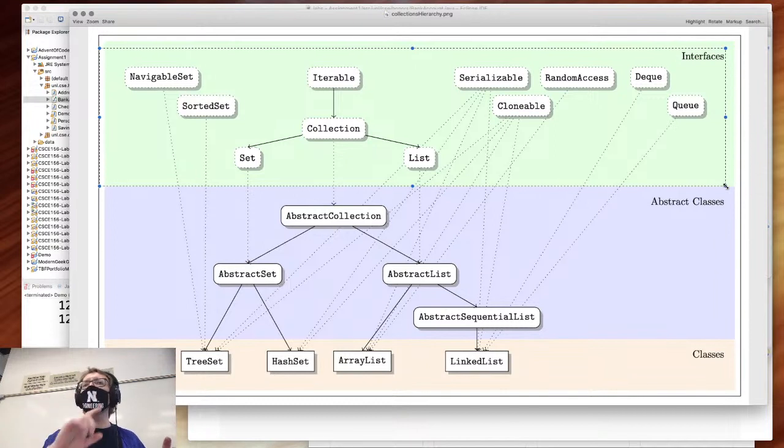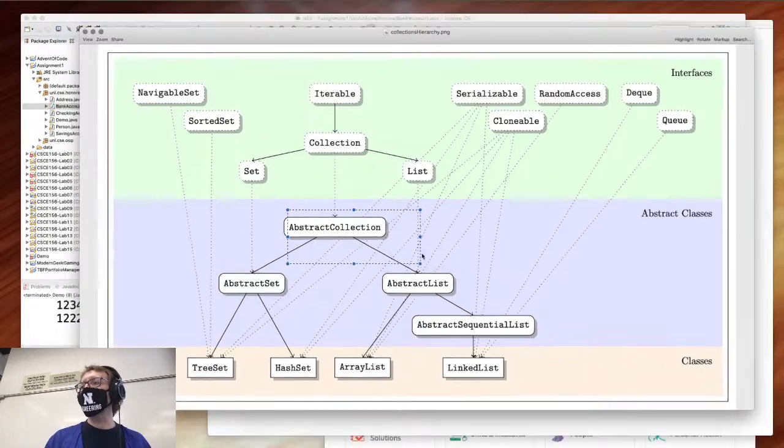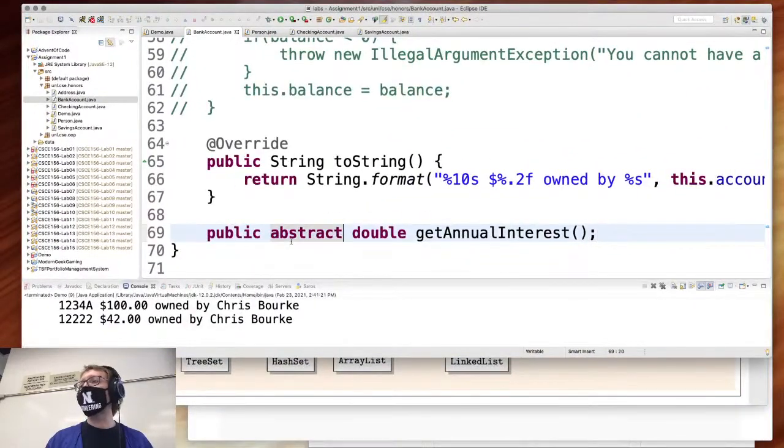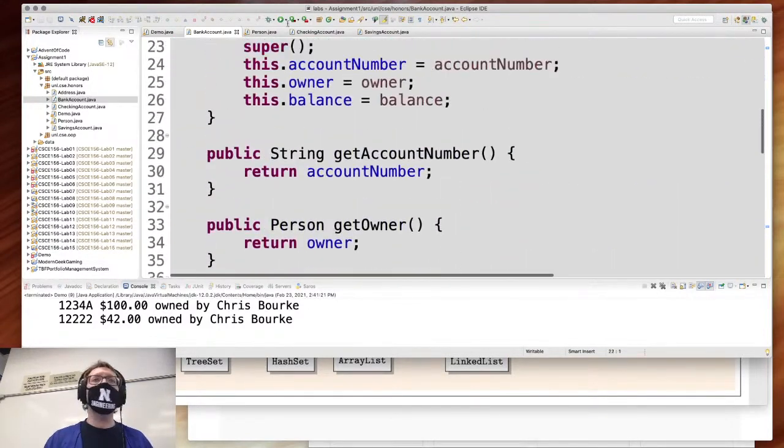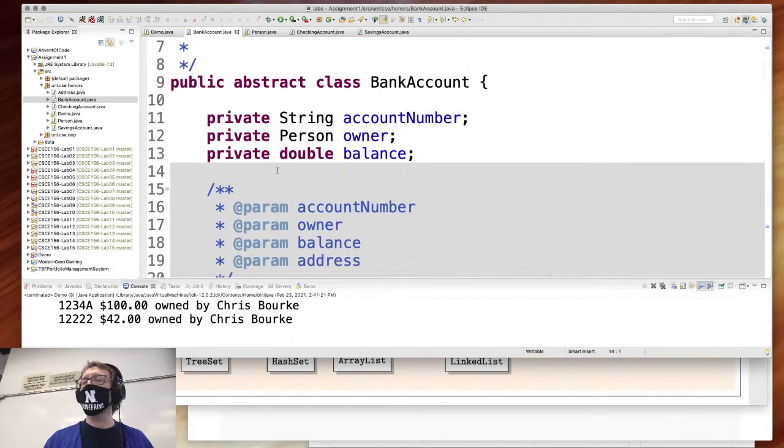And that's why I put them all in dotted lines here, because these are interfaces. An interface is kind of like an abstract class, but it only has abstract methods. All these non-abstract methods, you can't put anything like that in an interface. Again, I'm going to put an asterisk there.